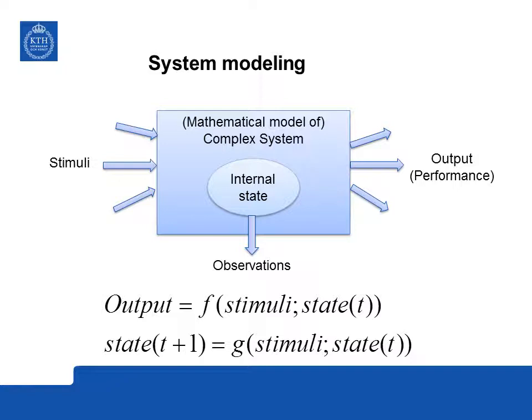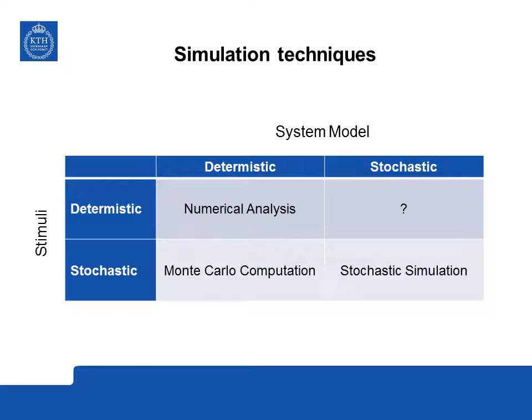So based on this very general description of system modeling, we can now define a number of simulation techniques based on the model type or the stimuli type. When the stimuli or the input data are deterministic and the model itself is completely deterministic, we do not in general talk about simulation.